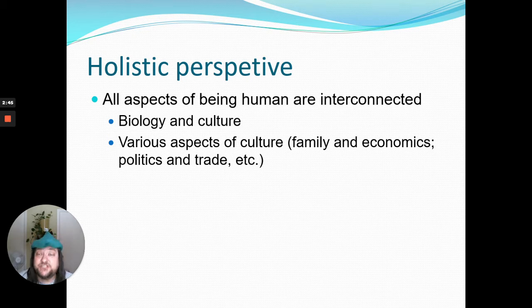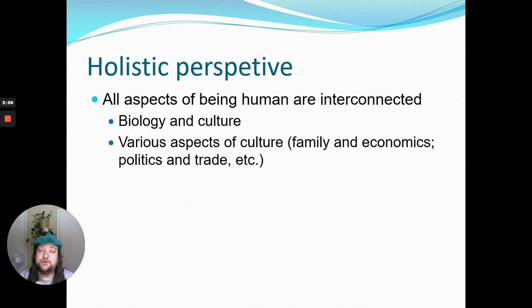In anthropology, how we use it is kind of the same way, because everything's interconnected. So, for example, again, biology and culture are very intimately connected. They're not separate things. As we're going to see later on, they affect each other. So that's part of the holistic perspective.